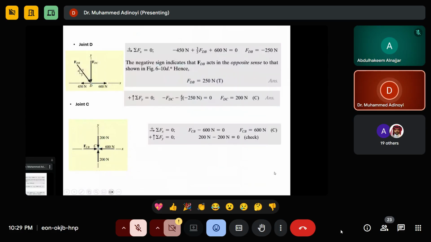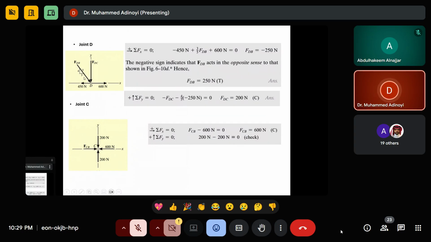That is why in this example, look at here. When they solve this one, it's minus 250. Where is FDB? Compression.